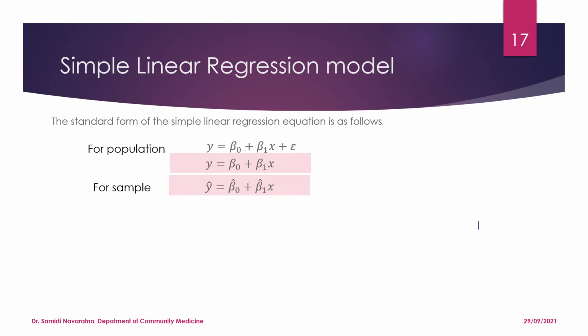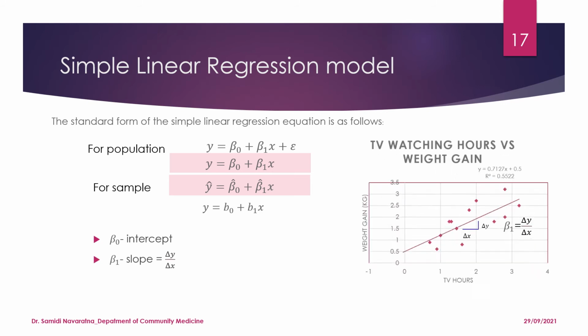Certain books might use B instead of beta, and some books and some journals use alpha in place of beta naught. And as we discussed, beta naught is the intercept, and intercept is the point at which the line crosses the y-axis, and then beta 1 is the slope.